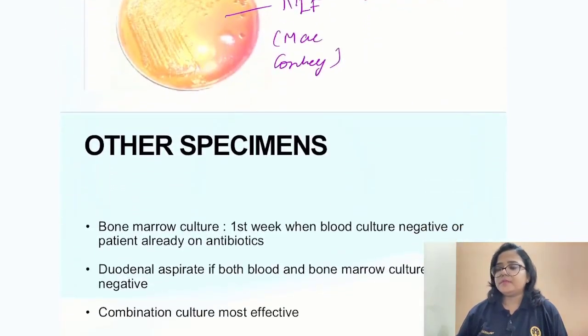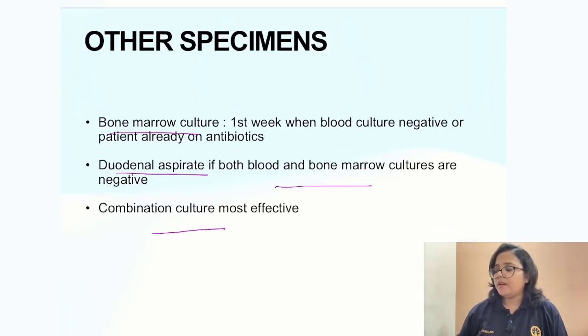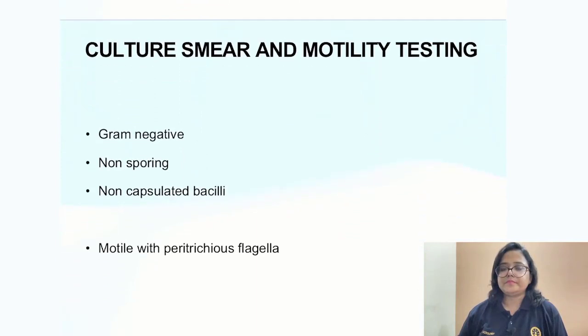So for other specimens, we can do bone marrow culture in the first week when blood culture is negative or the patient is already on antibiotics. Next, duodenal aspirate can be used if both blood and bone marrow culture are negative, and combination culture is ideally most effective.